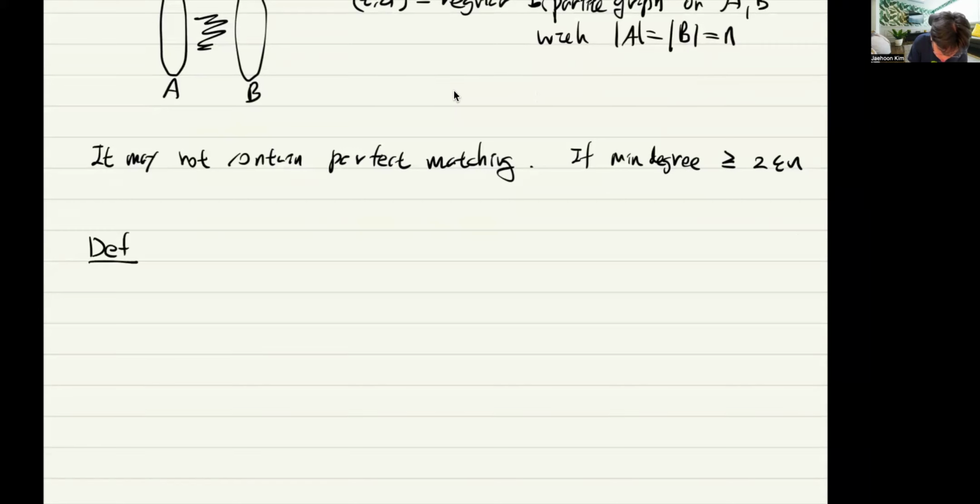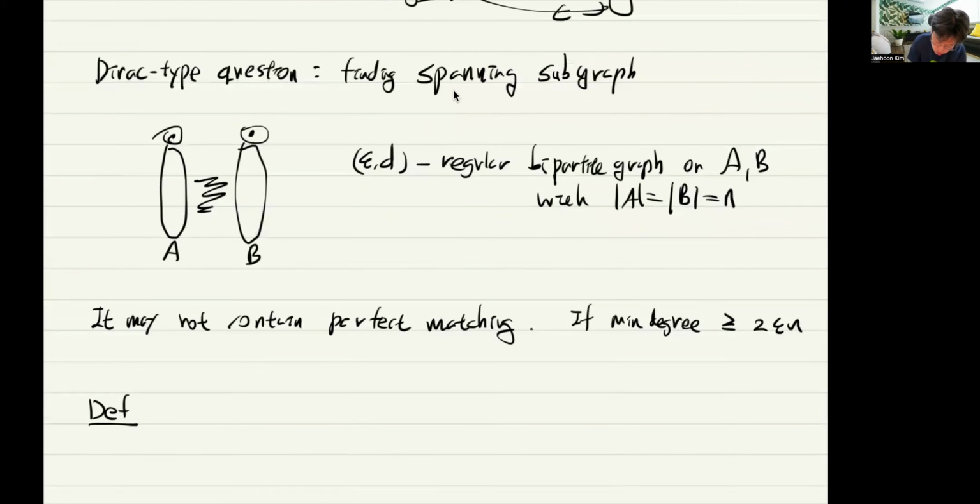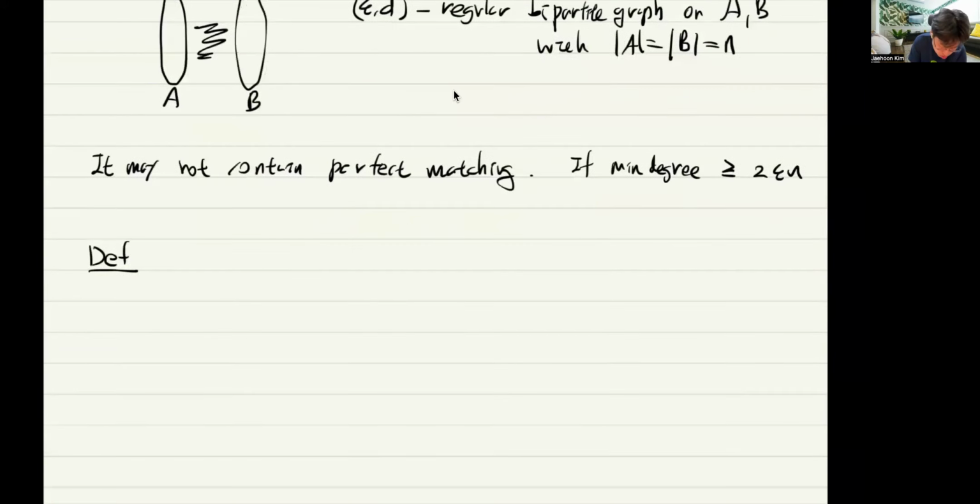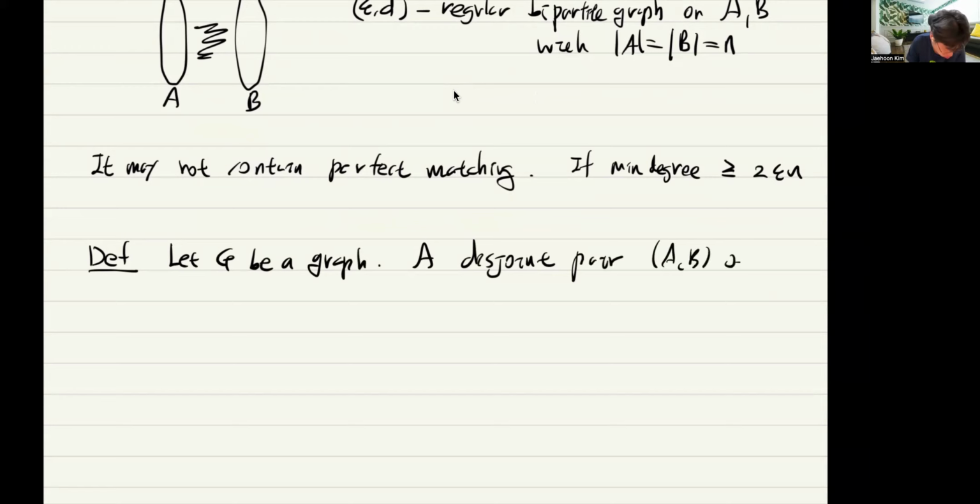So we want to discuss a notion stronger than epsilon regular, which also ensures minimum degree. Let's see a graph with a disjoint pair A and B of vertex sets.